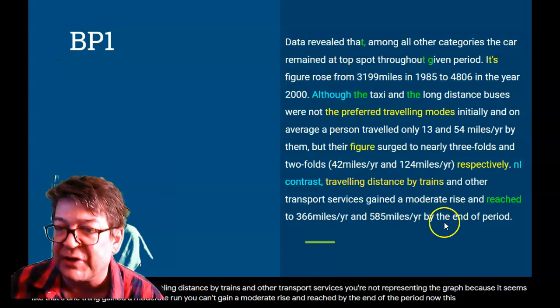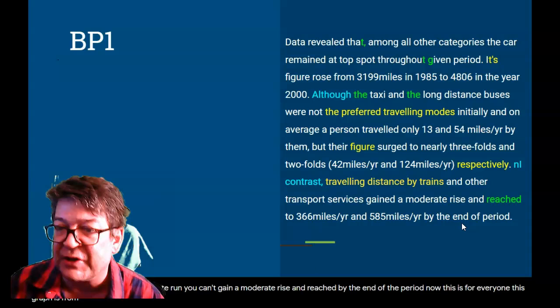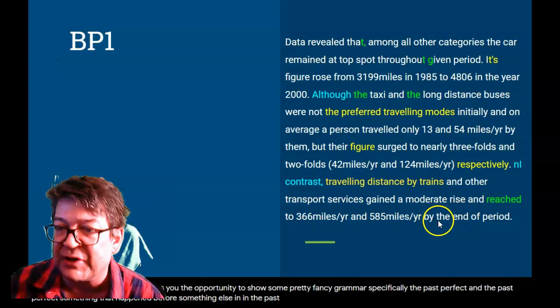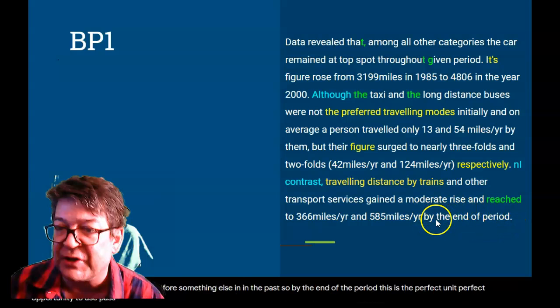Now, this is for everyone. This graph is from 1985 to 2000. So it gives you the opportunity to show some pretty fancy grammar. Specifically, the past perfect. Something that happened before something else in the past. So, by the end of the period, this is the perfect opportunity to use past perfect.